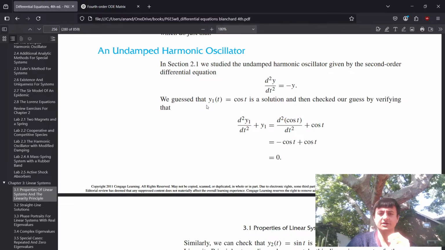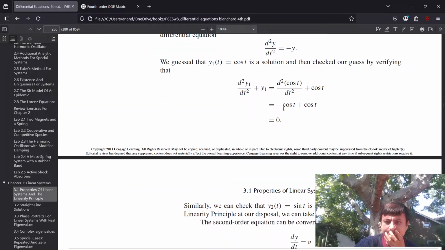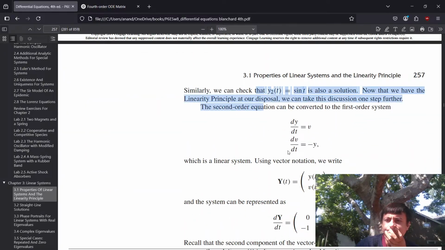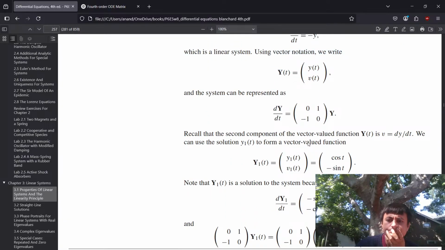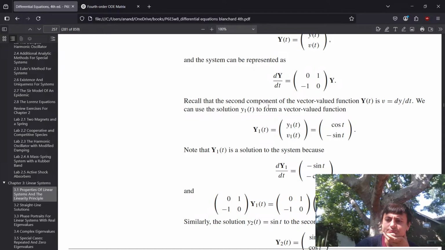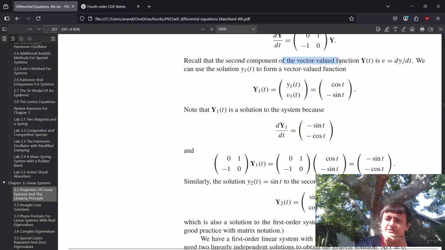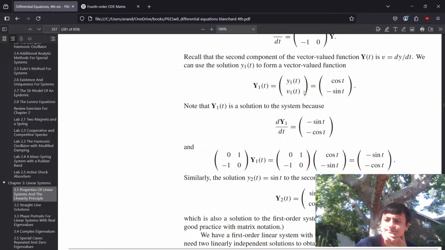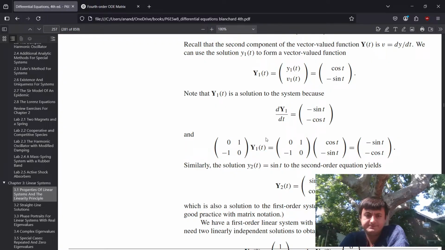All right, an undamped harmonic oscillator. Okay, write it as a matrix. Recall the second component of the vector field. You can use the solution y1. What are they doing here?